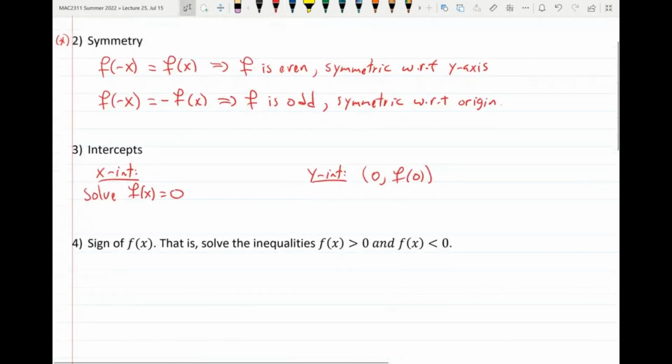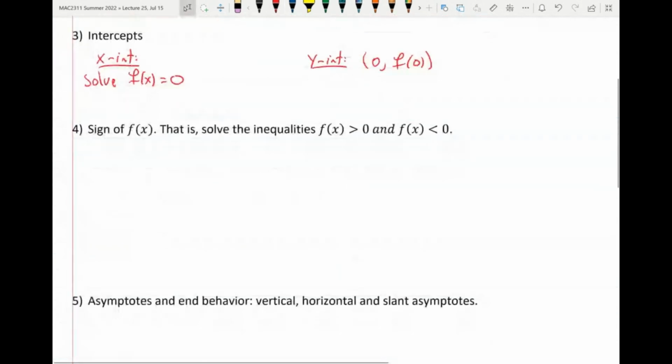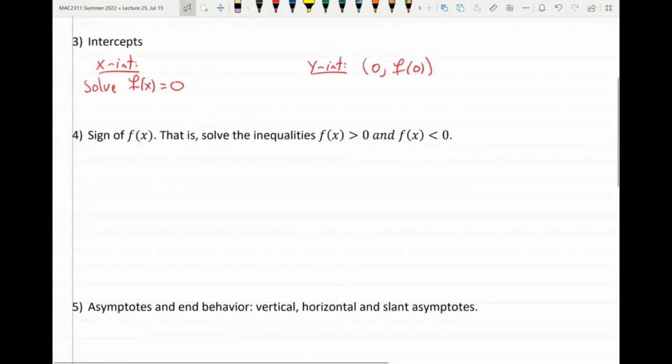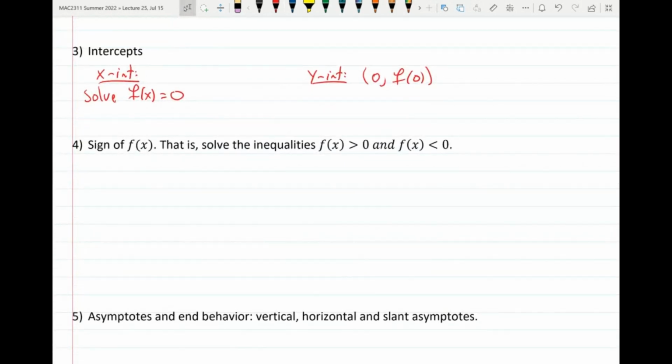Okay, so after this, here is one step that is very helpful when it comes to actually producing a picture. Even though it's not strictly necessary, I strongly encourage you to do step 4, which is to figure out the sign of the function, f(x) itself. This means that we want to solve the inequalities f(x) > 0 and f(x) < 0.